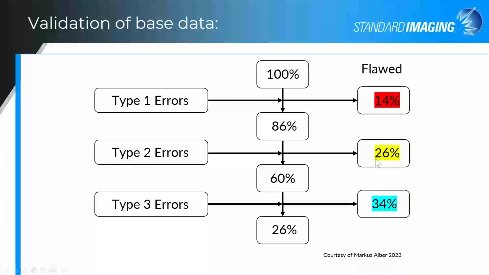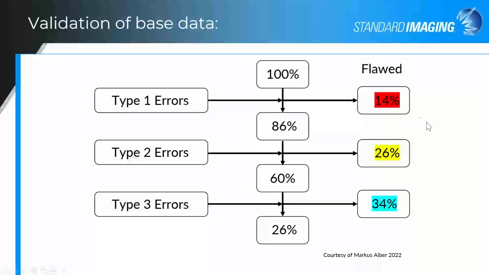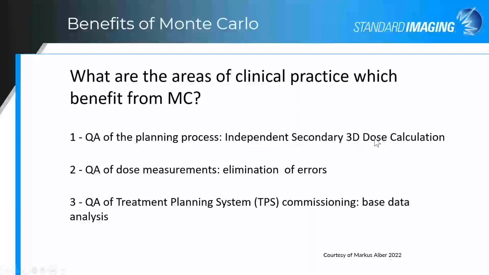Type 2 errors, 26% of the 140. Type 3 errors, 34%. And of course, the others had really nice data. So there is that validation of the base data, the water tank data.